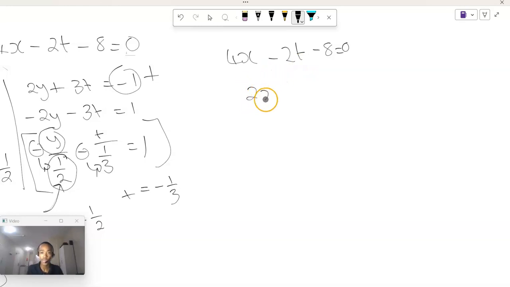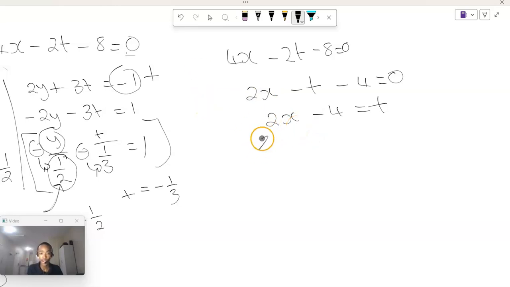Now I have 2x minus t minus 4 is equal to 0. If I make t the subject of the formula, I'll have 2x minus 4 equal to t. And then after that, I just plot.